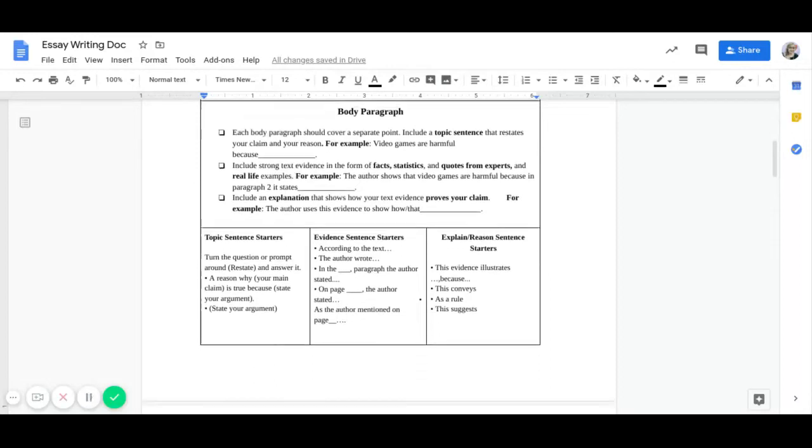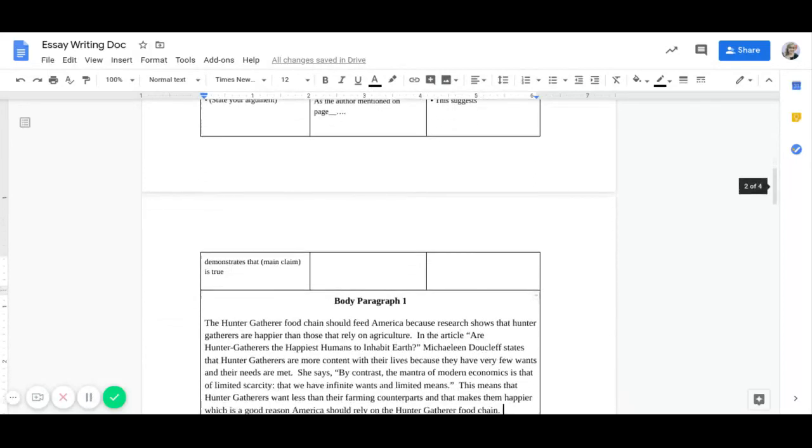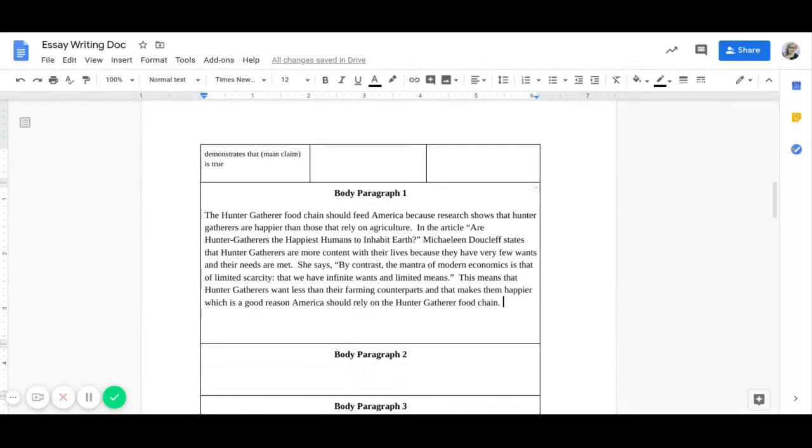I went ahead and wrote out my body paragraph for you guys. I'm going to show you where it does each of the things. The hunter-gatherer food chain should feed America because research shows that hunter-gatherers are happier than those that rely on agriculture. Agriculture is just a fancy word for farming. In the article, Are Hunter-Gatherers the Happiest Humans to Inhabit Earth?